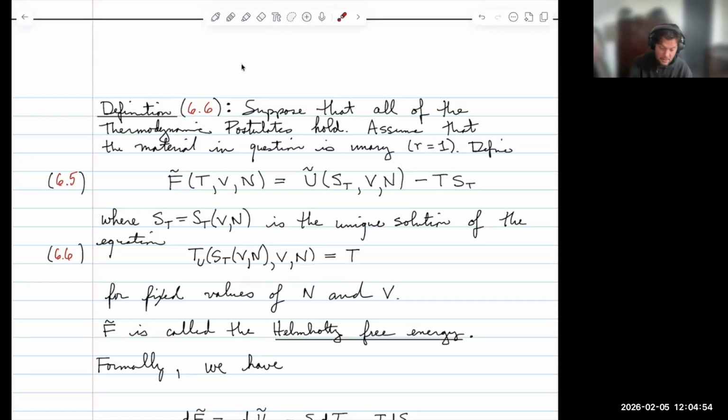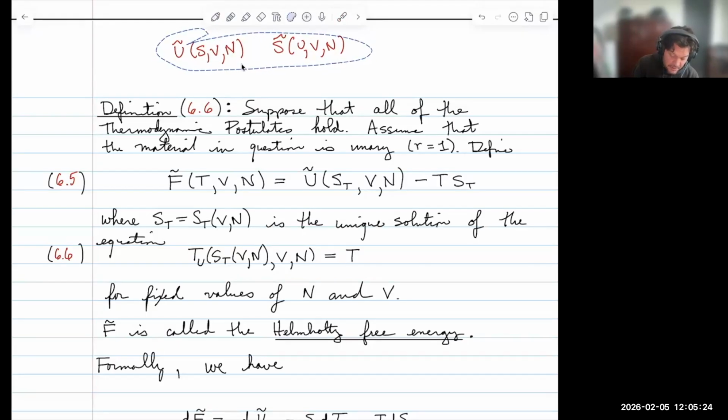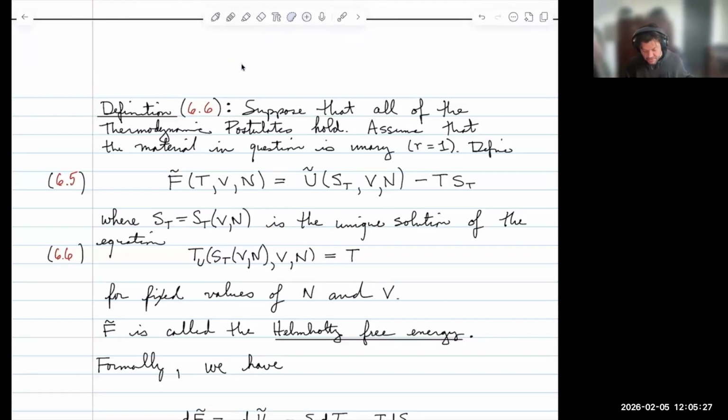Previously, U has been a function of S, V, and N, and S has been a function of U, V, and N. But nowhere before have we written something as a function of the temperature, where the temperature is an independent variable. Now we're going to define something where the temperature is indeed an independent variable. So we've got to be careful in our definition here. And like I said, it just involves a Legendre transform.